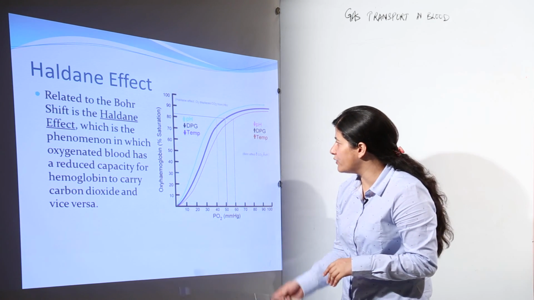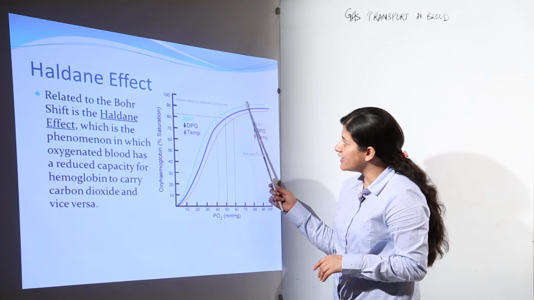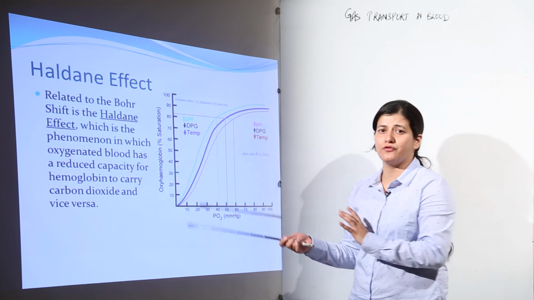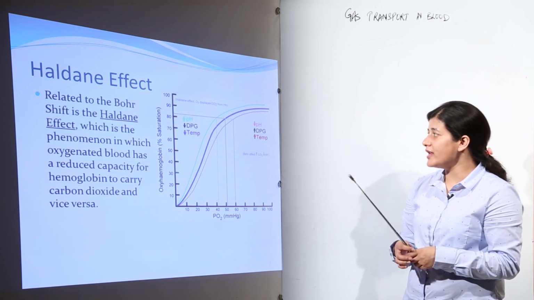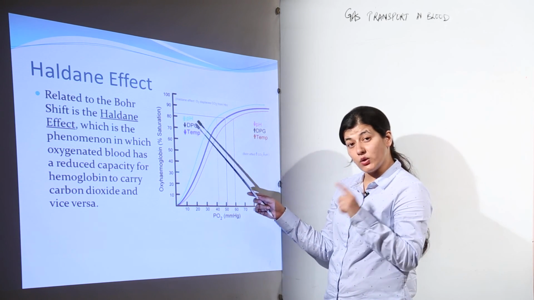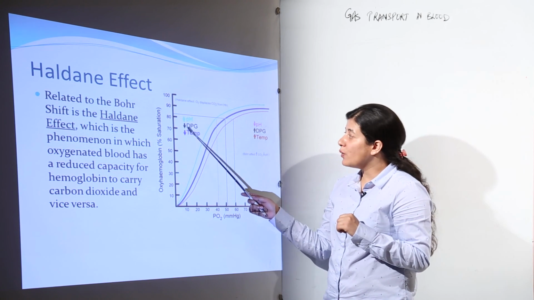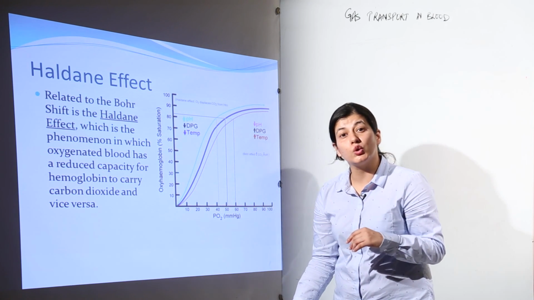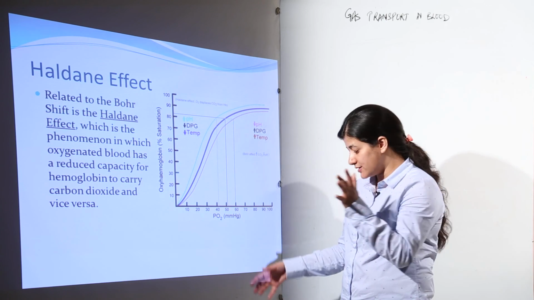So the Haldane effect says that oxygen displaces CO2 from hemoglobin, and that happens when the pH is high. High pH means lower concentration of carbon dioxide. It also happens when the temperature is low. Now where is temperature low? Temperature is low towards the alveoli, the site of exchange.